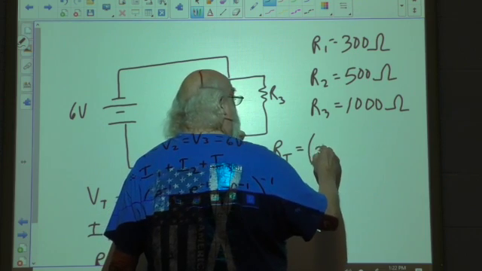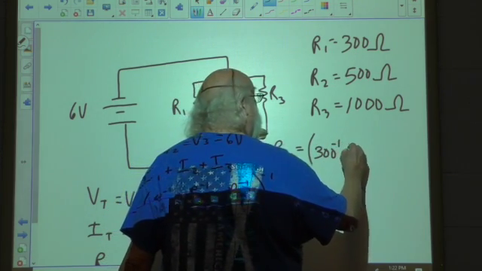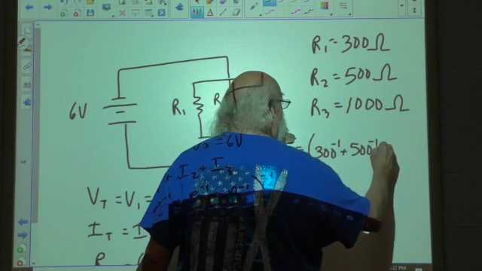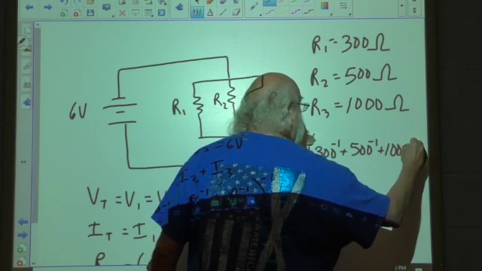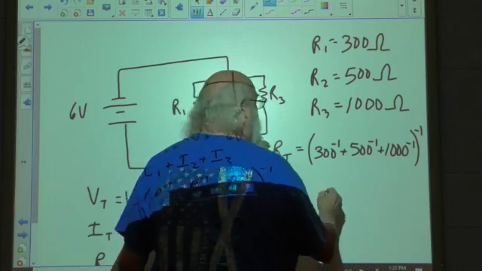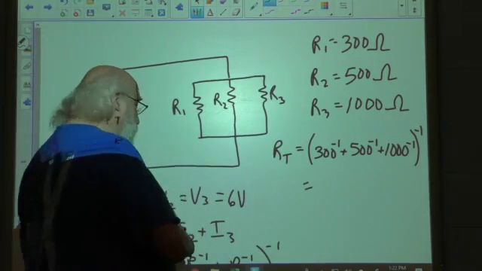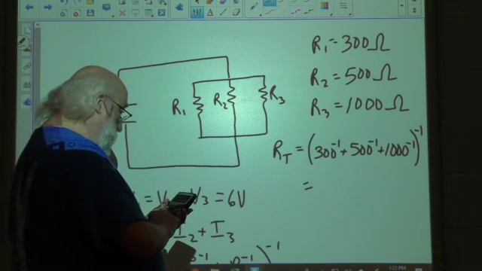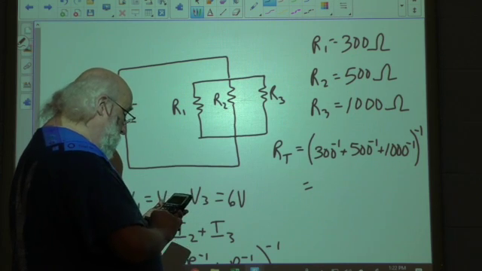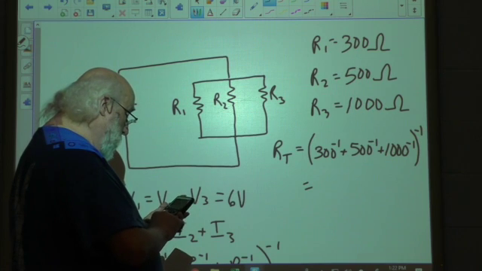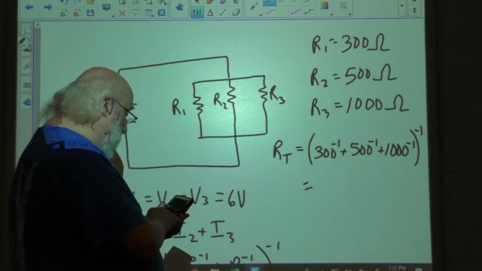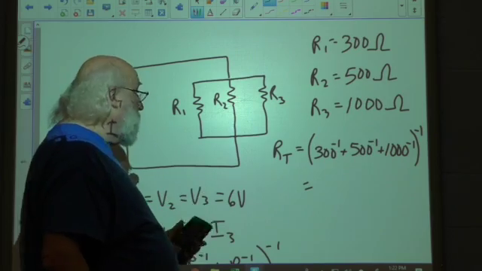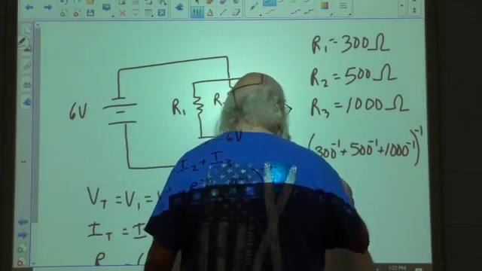So this is going to be 300 to the negative 1, plus 500 to the negative 1, plus 1,000 to the negative 1, all to the negative 1 power. And you get 158 ohms.